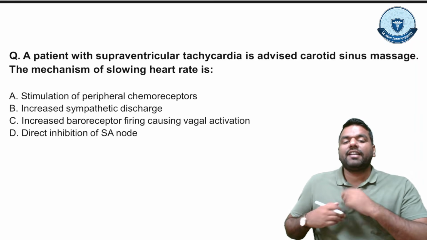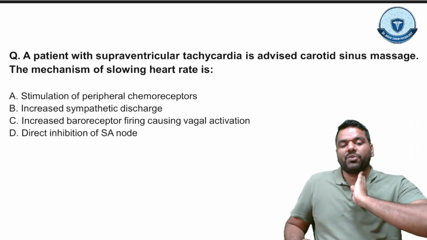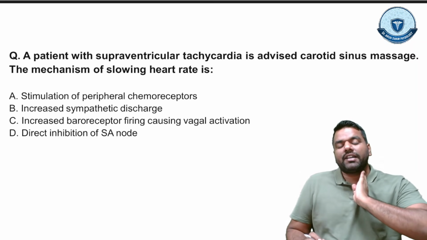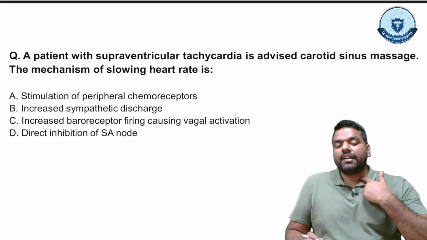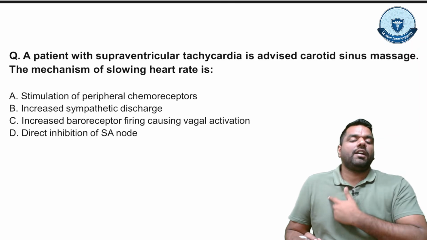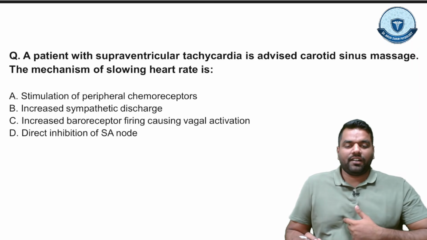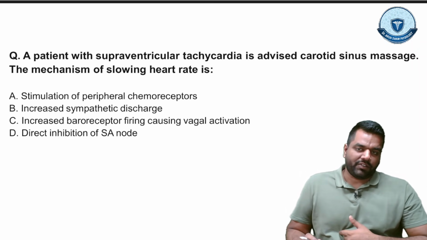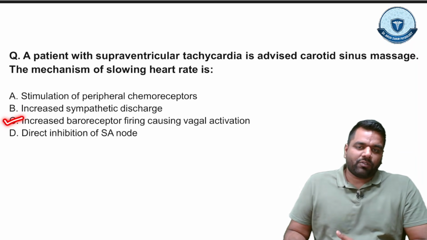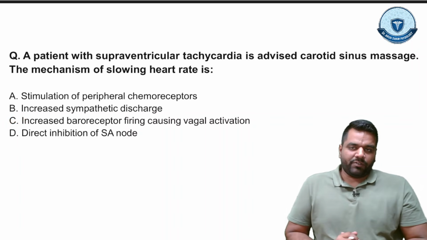And how can you send it? By doing the carotid massage over here. So as per the concept I told you, if you do the carotid massage, the pressure is detected by the baroreceptor, and this baroreceptor will fire, send a message to the medulla, and the medulla ultimately decreases the heart rate via parasympathetic activation. So the answer is C, increased baroreceptor firing causing vagal activation.